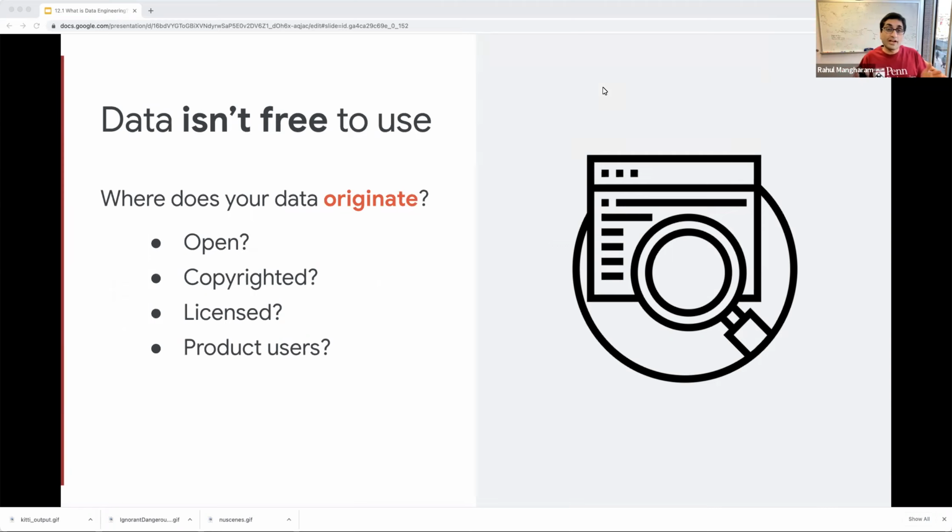Meaning, is that actually open, so that you can directly use it, or do I have to license it for a fee? Now, there are also subtle issues about, for instance, is a person in that image identifiable, and is that okay? Or is it okay to have a person in that picture to begin with? These are subtle nuances, and we typically don't think about these all the time.